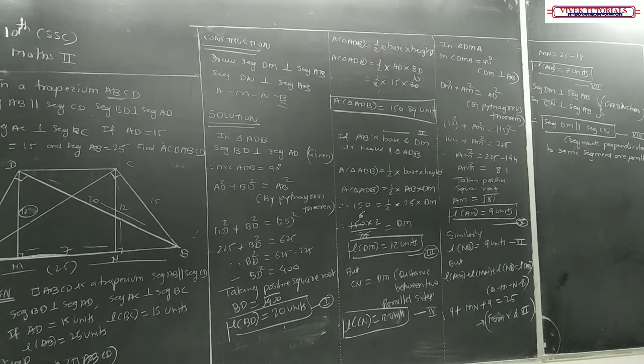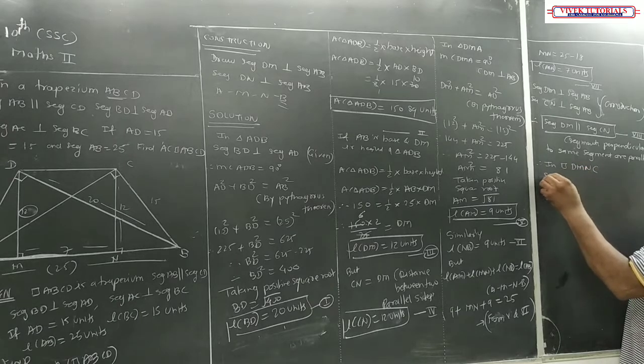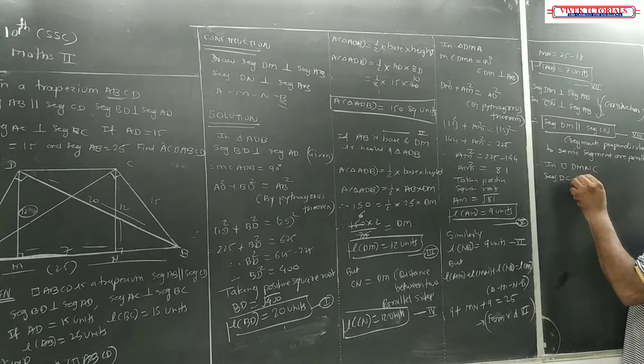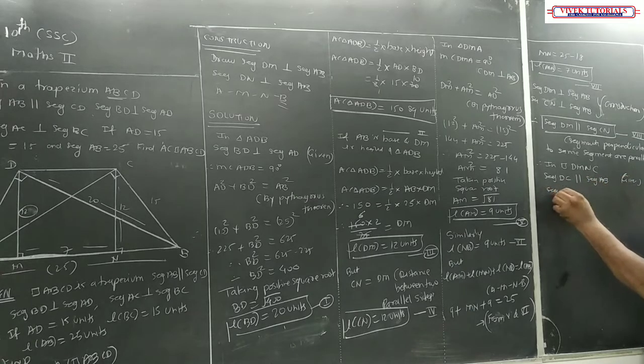Are parallel. Now, what can I write? Now, in quadrilateral DMNC, segment DC is parallel to segment AB, it is given, and segment DC is parallel to segment MN.